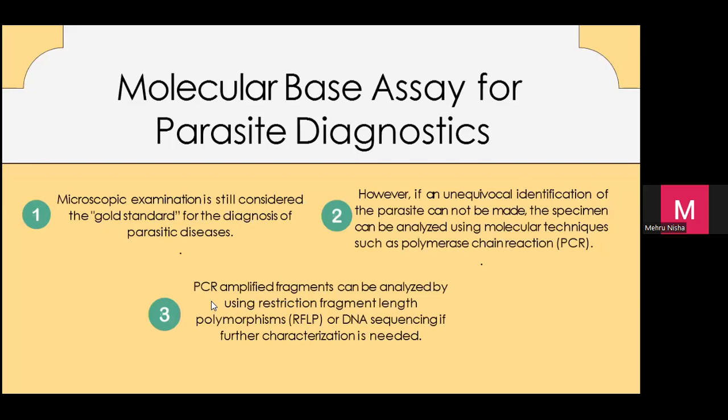Lepas tu kita ada PCR amplified fragments can be analysed. Selepas dah buat PCR, kita boleh analyze amplicon atau aplikasi kita guna RFLP, which is restriction fragment, atau sequence. DNA sequence sekarang banyak kita guna, especially zaman COVID ni, they buat DNA sequencing.